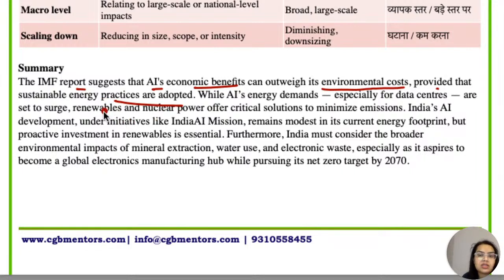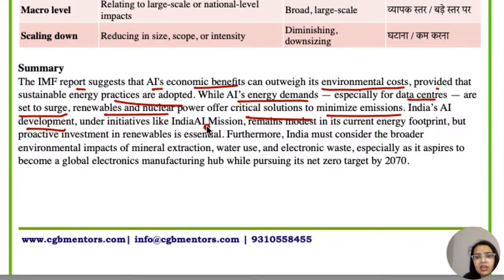There is a clause, there is a condition that sustainable energy practices should be there in place. While AI's energy demands, especially for data centers, are set to surge, we can see more energy needed in coming days. Renewables and nuclear power offer critical solutions to minimize emissions, but we do have solution as well.